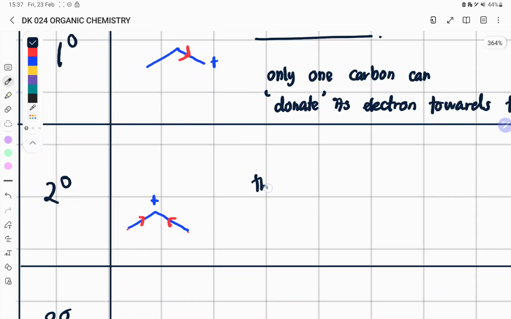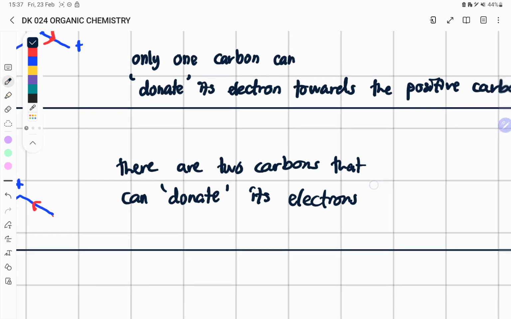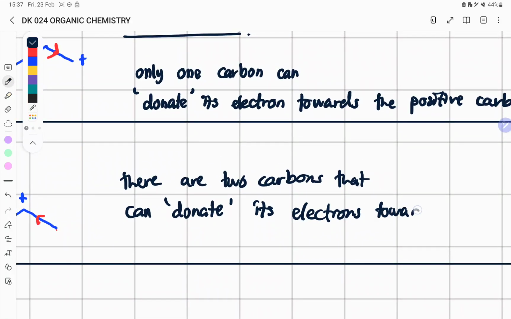Okay, so there are two carbons that can donate its electrons towards the positive carbon.